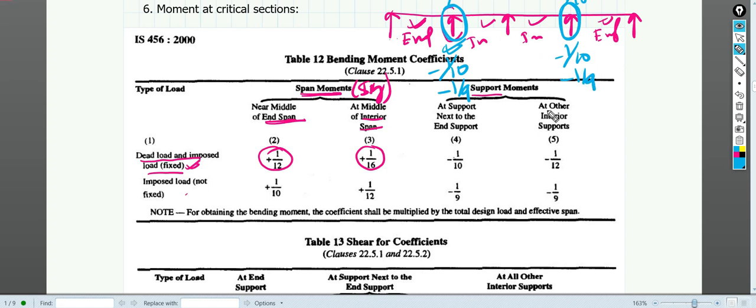And at all the other interior supports, here we have minus 1 by 12 and minus 1 by 9. Understood? But at the end support it is not given. Here you can find that, okay, we will see later.